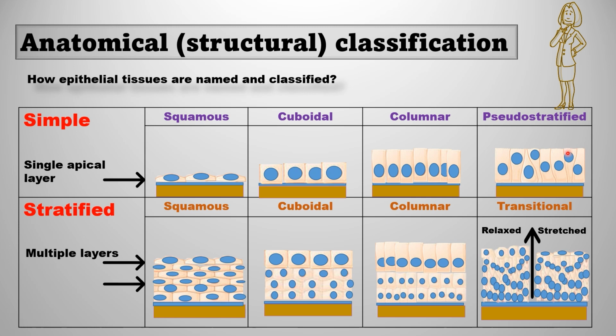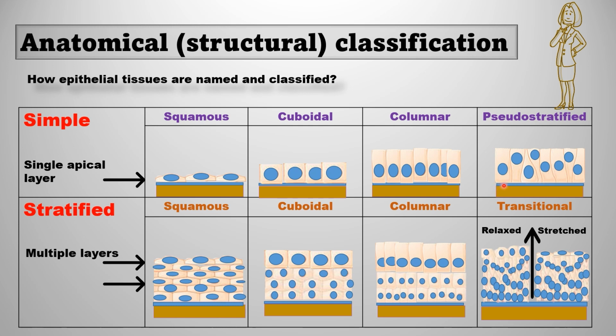One of them is taller than the other, and they have nuclei that are arranged into rows, which gives you the fake appearance of a stratified tissue. It is not stratified. How do we know that? We go to the basement membrane. All these cells are emerging from the same basement membrane.